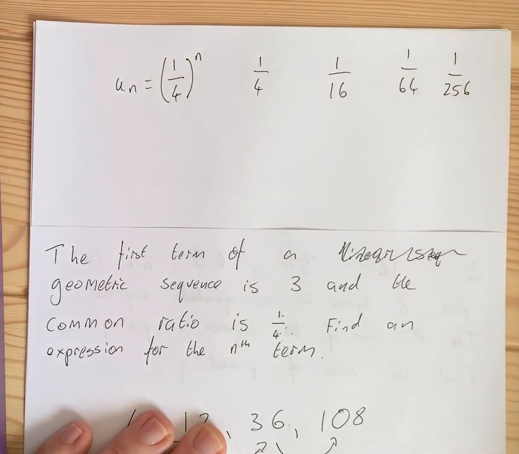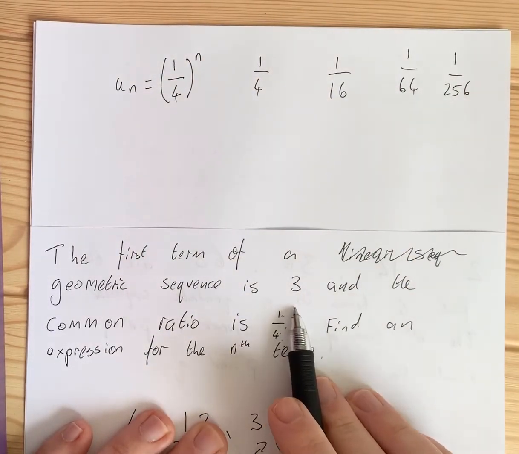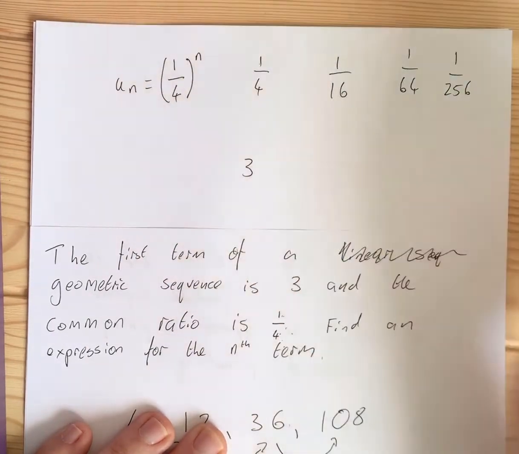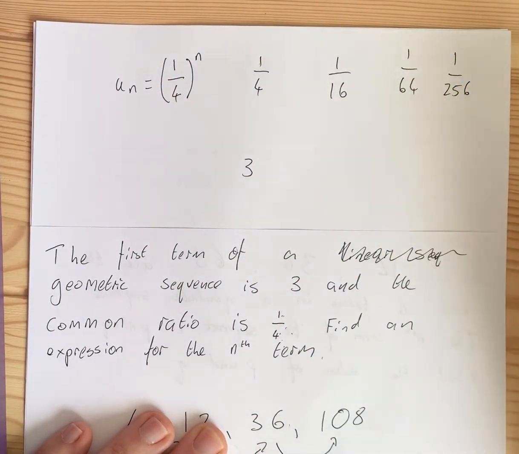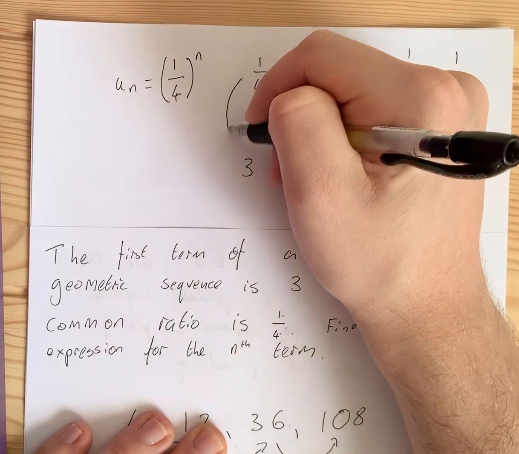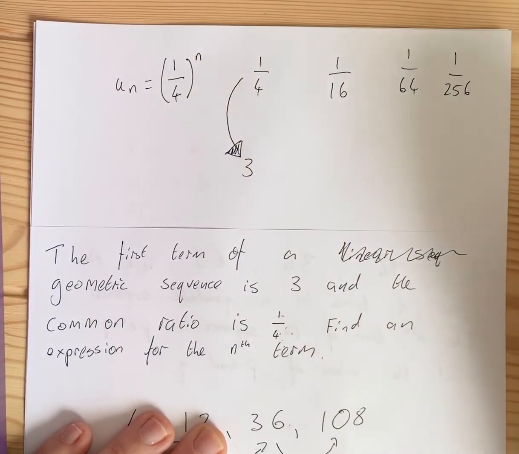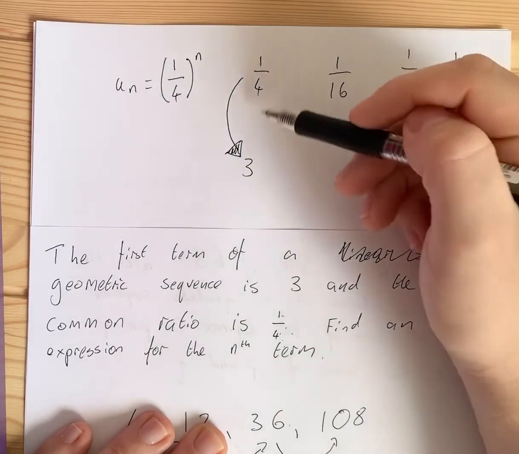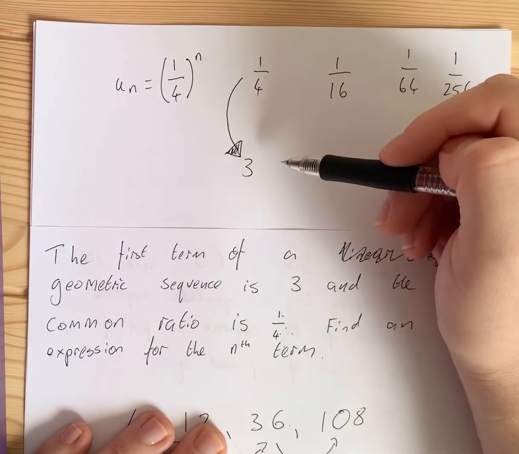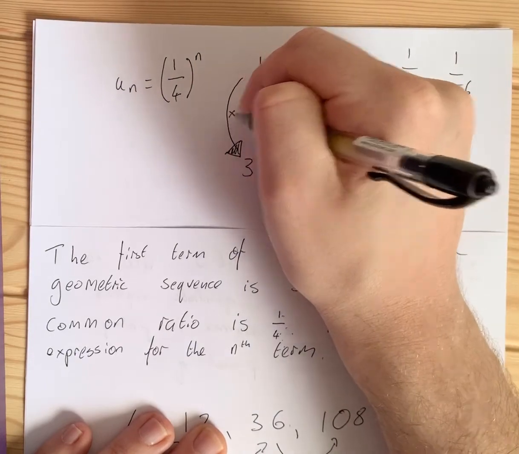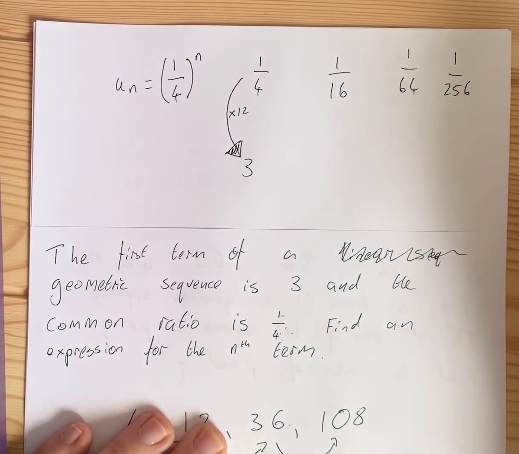Now, it says that the first term of the sequence, if I go back to the question, is 3, okay? So I need to think, what correction do I need to make to go from there down to here, okay? Well, 1 over 4 multiplied by what gives me 3? Well, 1 over 4 multiplied by 12 gives me 3, okay?